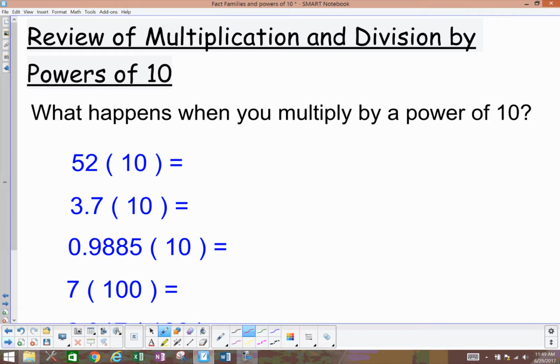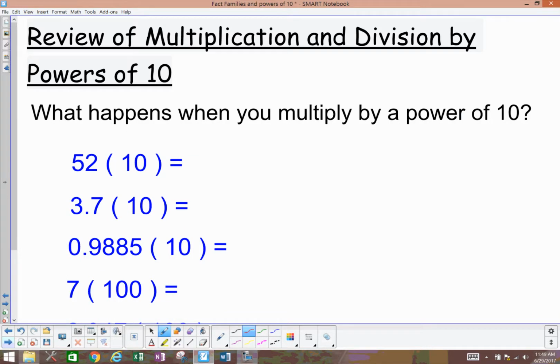So if I am multiplying by 10, multiplying by 10 means that I am getting larger values. But I'm getting larger values by one place value location.